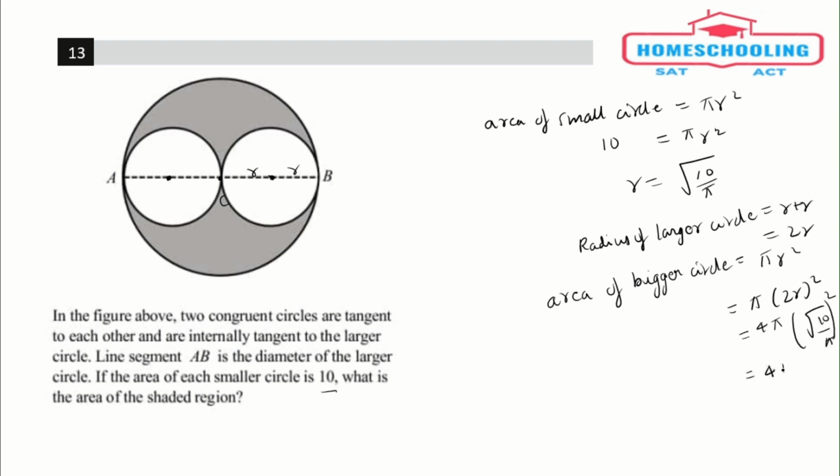So it would be 4 pi into 10 by pi. So the area of the larger circle would be 40.